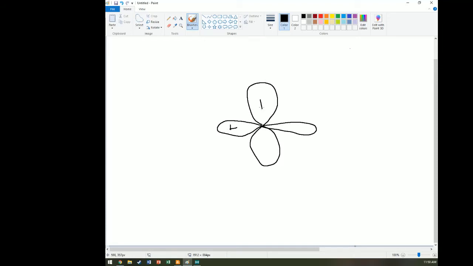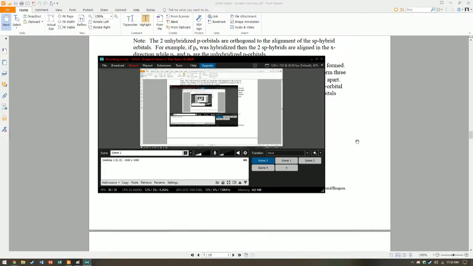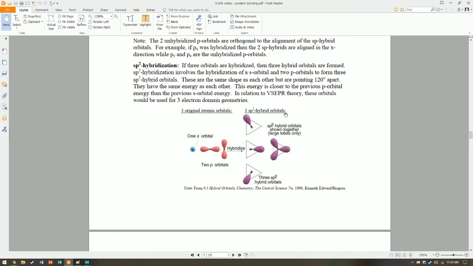Plus, plus, minus, minus. You'll form something like that with sp2 hybrids. That's the idea behind the sp2 hybrid, and you can see here you get 3 hybrid orbitals.